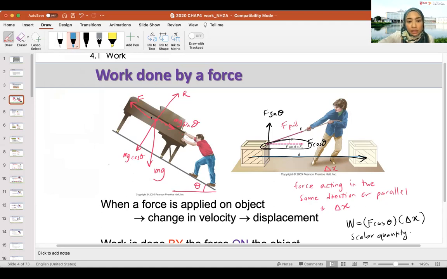So ada dua kat sini. In this axis that is parallel to our displacement. Or displacement is going that way, right? The incline kan? So the forces acting in this direction is F and also mg sin theta. So dua-dua ni ada effect dekat work done. So kita boleh cakap work done ataupun work done on this piano, okay, in the same direction as this displacement, kita akan cakap F net.